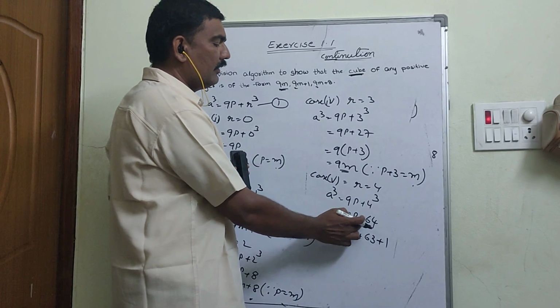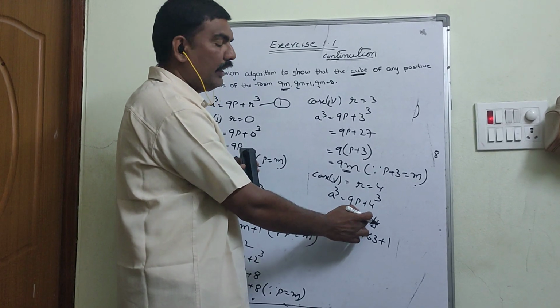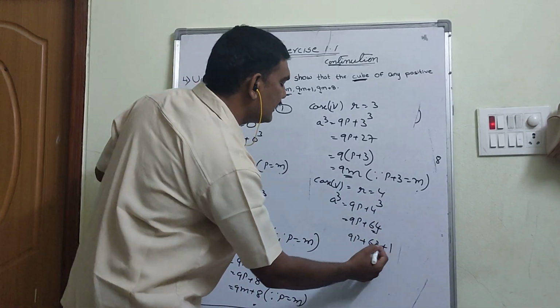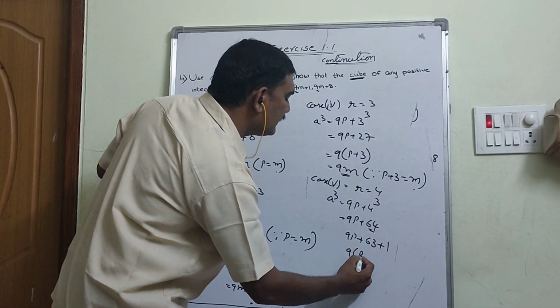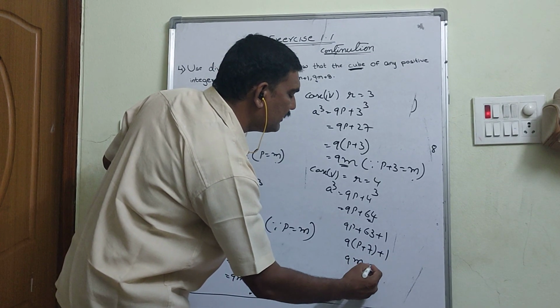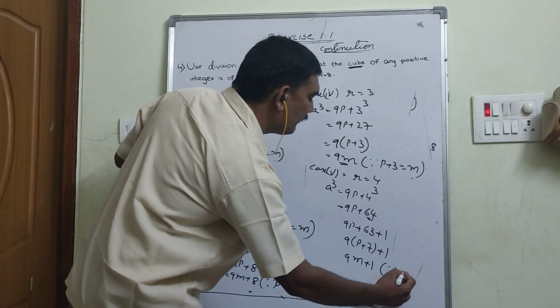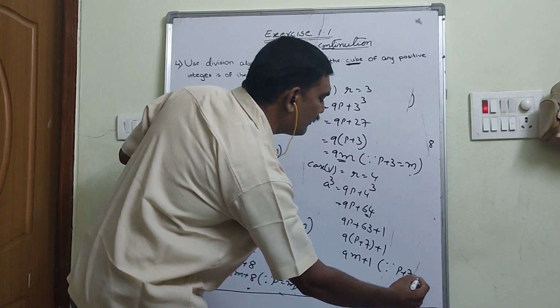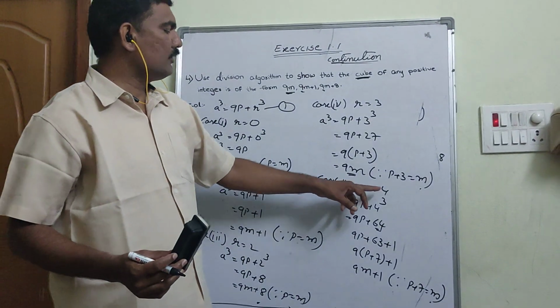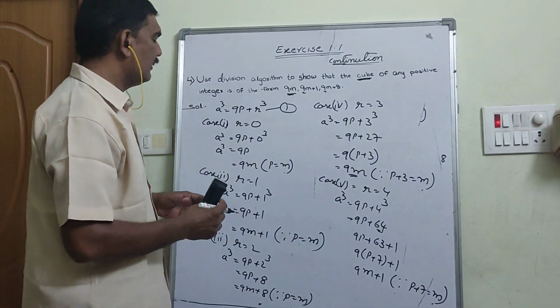Divisor is 9. Here 64 you have, and 64 should not be there, so I wrote 63 plus 1. If I take 9 as common, p plus 7 plus 1, and 9m plus 1, since p plus 7 is equals to m. So again case 5, r is equal to 4 also you got as 9m plus 1.